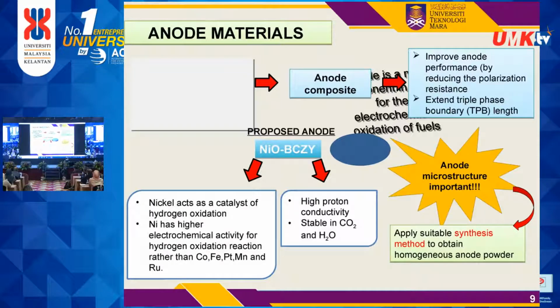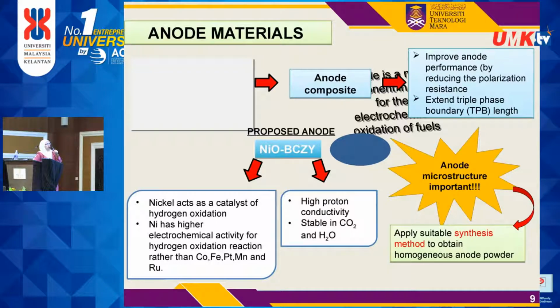The anode is an important component for the electrochemical reaction in the fuel cell, so we propose using the composite anode nickel oxide BCZY to improve the performance of the solid oxide fuel cell at intermediate temperature.